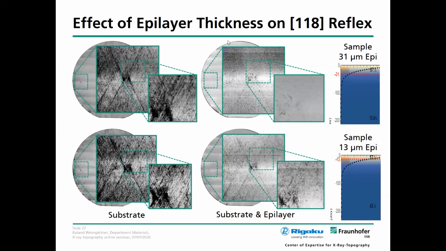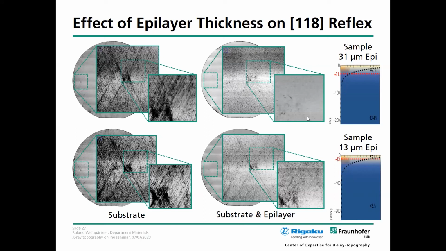And then we processed an epilayer on it. Here we have a 31 micrometer thick epilayer, and below a 30 micrometer epilayer, and then we measured the substrate with the epilayer in reflection from above. What you see here now for the thick epilayer, if you enlarge this position, is that the defects have almost vanished.